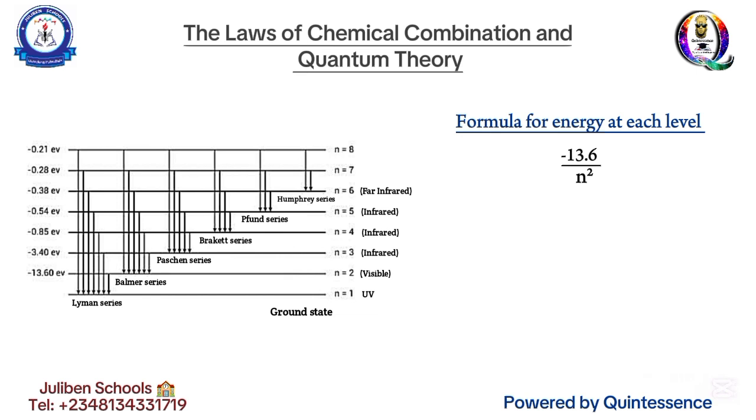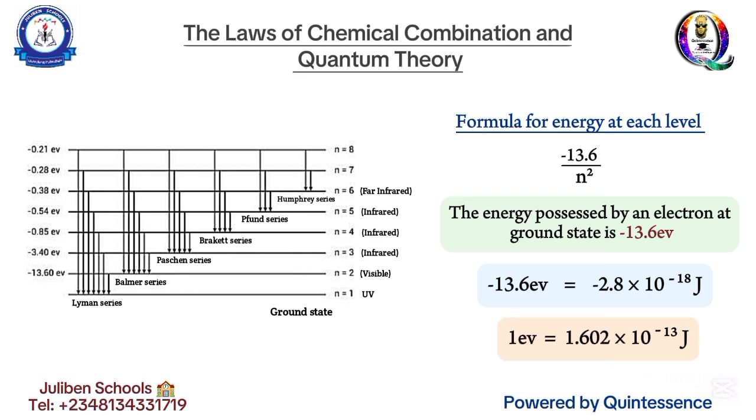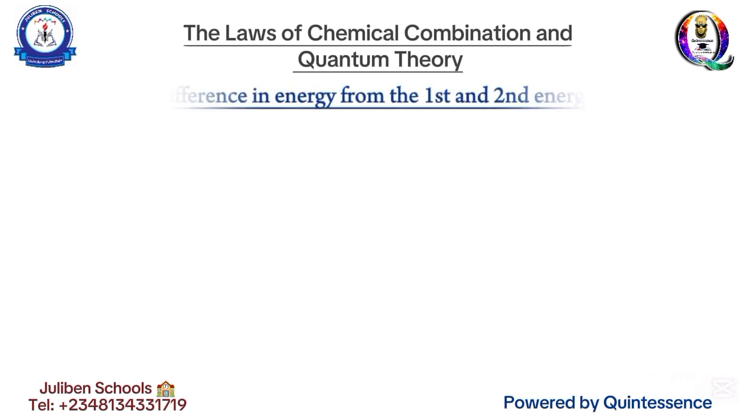All right, let me put it this way. The energy possessed by an electron at the ground state is equivalent to minus 13.6 electron volt, which is equal to minus 2.18 times 10 raised to the power minus 18 joules, okay? It's also important for you to know that 1 electron volt is 1.602 times 10 raised to the power minus 19 joules of energy, right? So at times you can be asked to calculate the difference in energy between the first and second energy level.